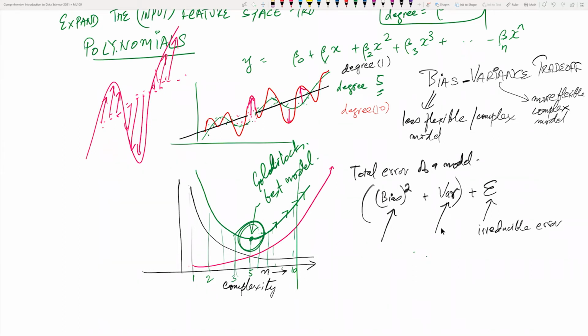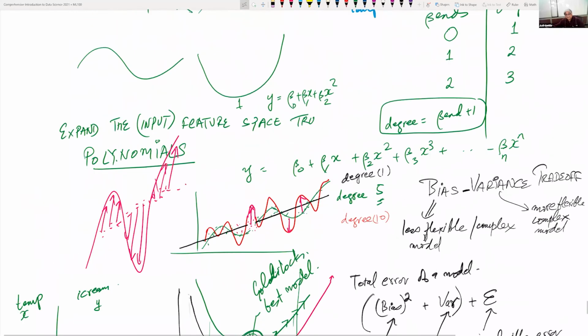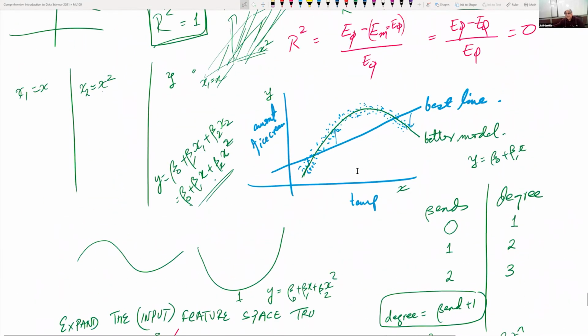And one more question. Earlier you showed x2 is equal to x1 squared. How did you get that? Is that a mathematical thing? No. Suppose you have temperature data and ice cream, how much ice cream you sell. Temperature is your x, ice cream is your y, and you realize that this ice cream data has a bend, one bend.